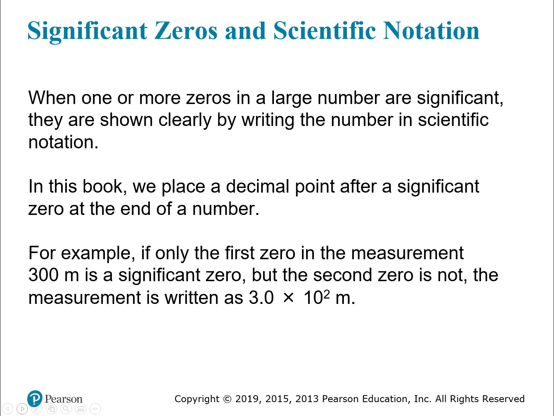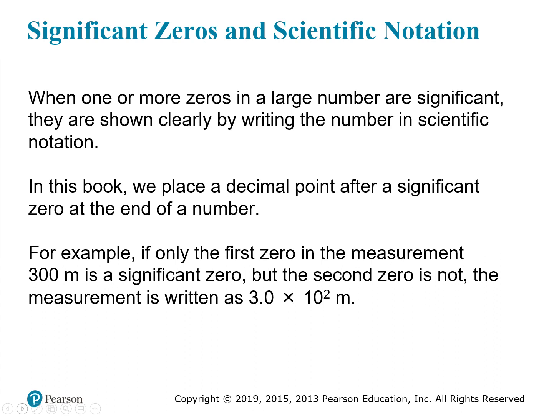More on significant zeros and scientific notation. Remember, we did scientific notation in Chapter 1. When you have zeros that are significant in a really large number, it's best to use scientific notation. That way you can show which zeros are significant and which ones aren't, and you don't have to write out a bunch of zeros.